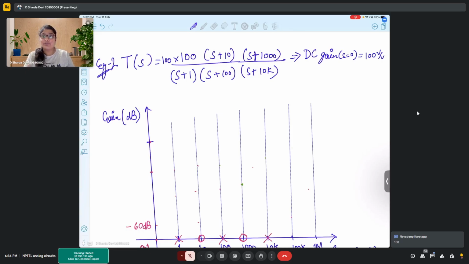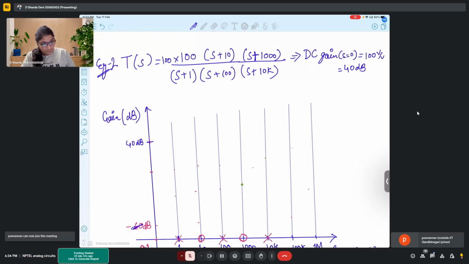But this isn't volt by volt. Again, you have to convert this to dB. So when you convert 100 to dB, you will get 40 dB, right? So now your graph will start from 40 dB. Okay.